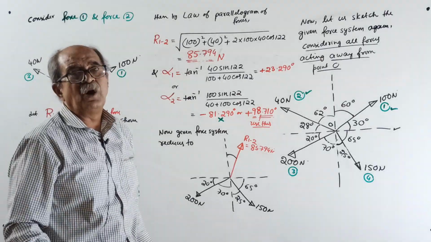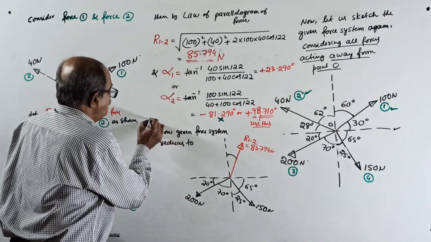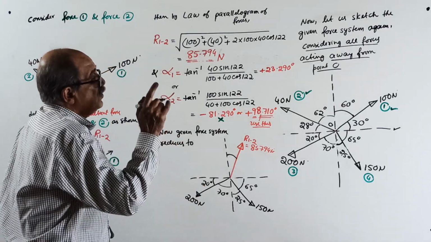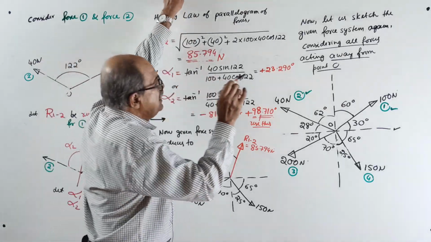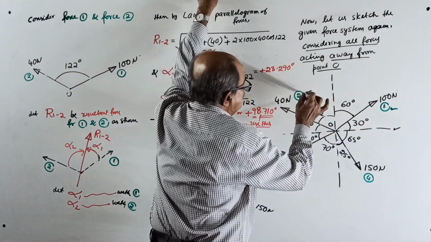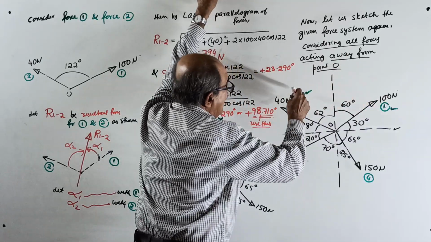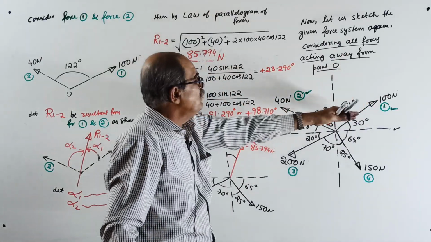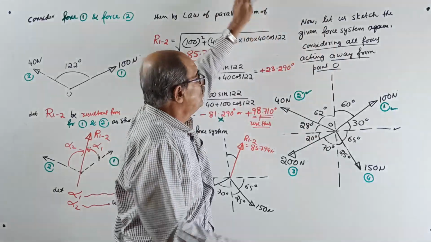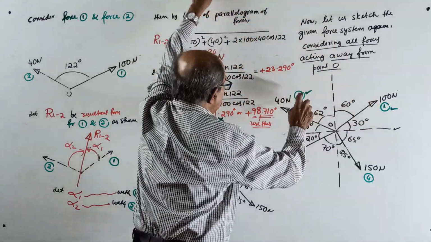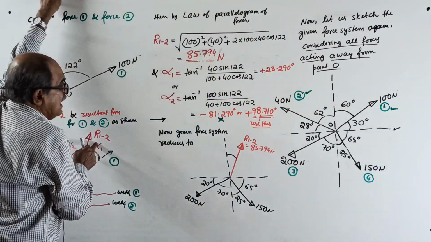Now, very important. Make a note. We got the resultant for 1 and 2. Now the time has come to remove force 1 and force 2, and in place of them write this resultant R12.